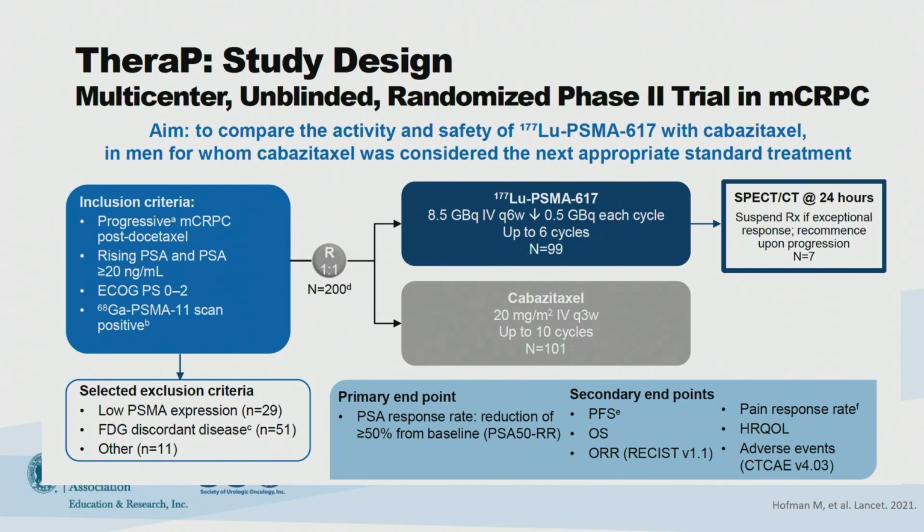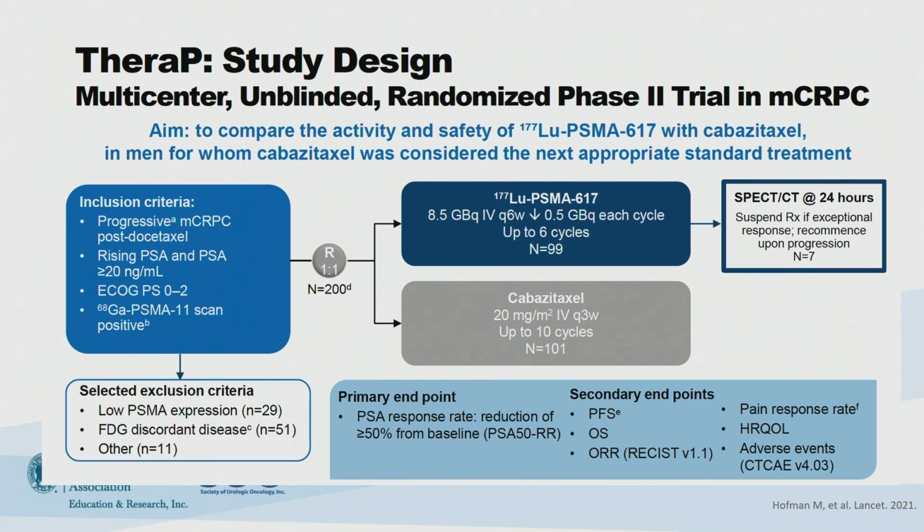But it included patients with CRPC who had had prior docetaxel exposure. About 90% of patients also had prior ARPI exposure, but not everybody. And they were randomized to receive cabazitaxel, second-line chemotherapy, versus lutetium PSMA 617, also called Pluvicto.